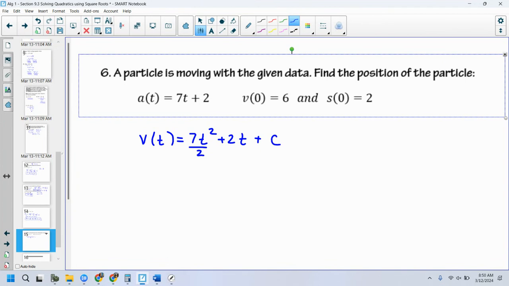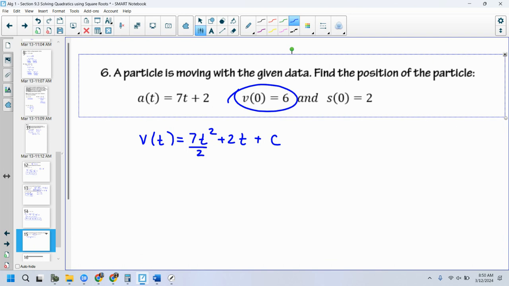But the nice thing here is, what is my constant there at the end? 6, right? Again, I didn't need to give you my v of 0. I could have given you any coordinate. I could have told you the velocity at 1 or velocity at 10. If that's the case, you just plug in that as your x value. So in this case, it was just a 0.